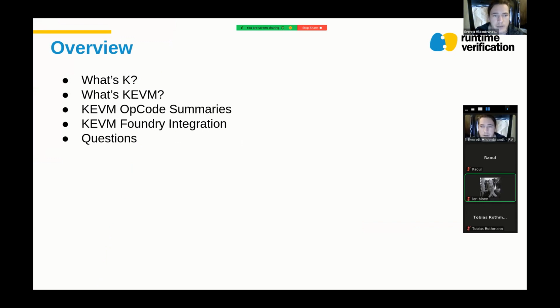And then I'm going to talk about our KVM Foundry integration. There I'm going to focus on some simple examples, mostly just showing how to read the output of the tool, or how to interpret the output of the tool, on some very simple examples. And then questions at the end. But feel free to stop me with questions throughout the whole thing. I don't mind being interrupted to discuss anything that you want in depth.